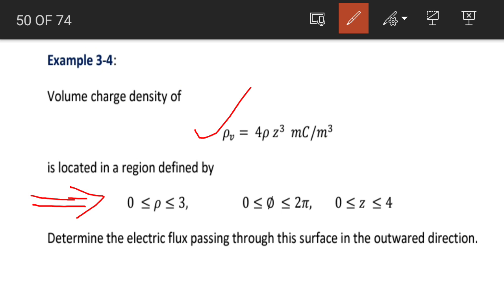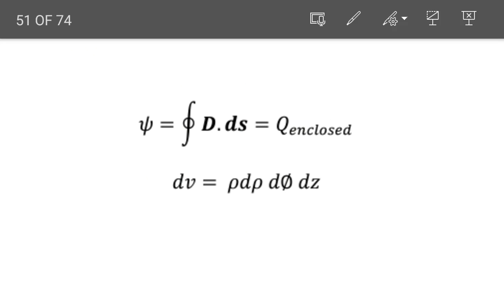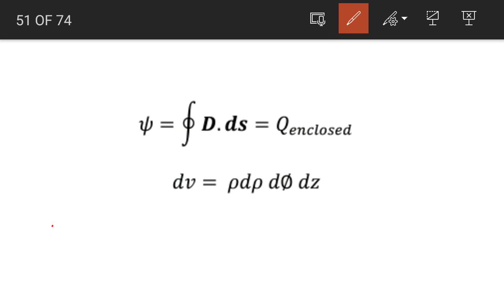So this volume charge density is located in a closed cylinder, and we need to find out the flux passing through this cylinder in the outward direction. So Gauss law states that the electric flux passing through this cylinder in the outward direction will be equal to the charge enclosed by the cylinder, and the charge enclosed by the cylinder can be calculated with the help of this particular integration.